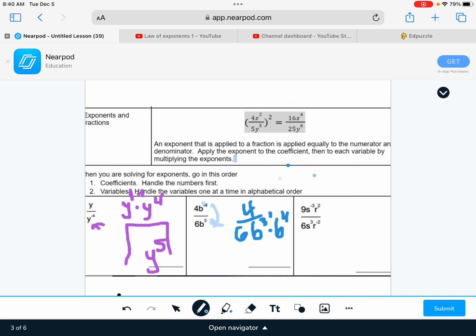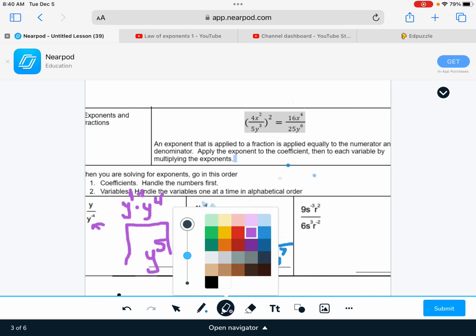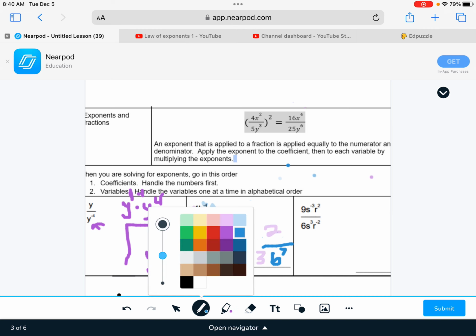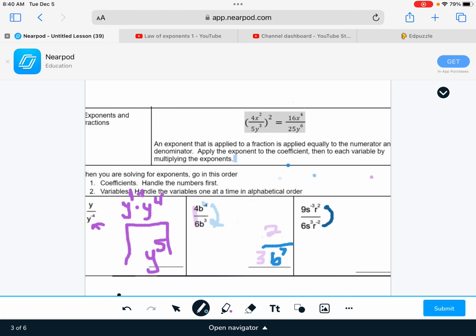I can add the 3 and the 4 together to get b to the 7 underneath. 4 over 6 is going to be reducible though. 4 over 6 happens to be 2/3. So once I kick the b out of the top, all that's left is the 2/3 from reducing these. The next thing I'm looking at on this right one is these r's. R to the -2 goes to the top.